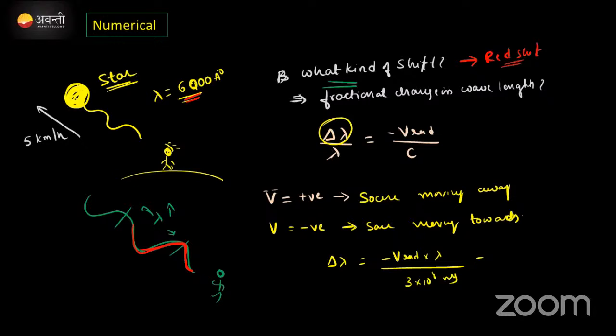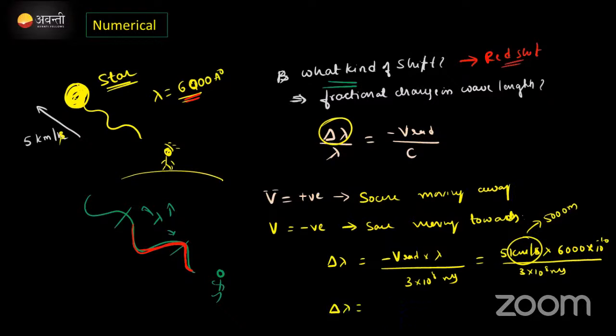The v radial value was 5 kilometer per second, into lambda 6000 angstrom, which is 6000 into 10 to the power of minus 10 meter, divided by 3 into 10 to the power of 8 meter per second. Take per second, okay. Calculate this in meters: 5 kilometer is 5000 meters.